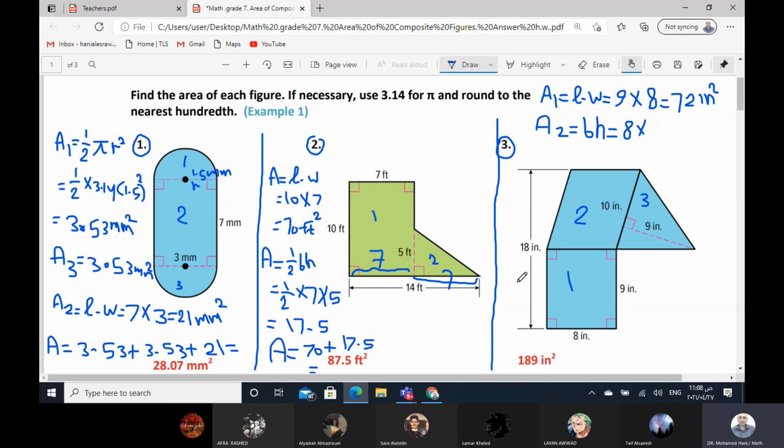The whole distance here is 18, the half of this distance will be the height, will be 9. So 8 times 9, also we have 72 inch squared.